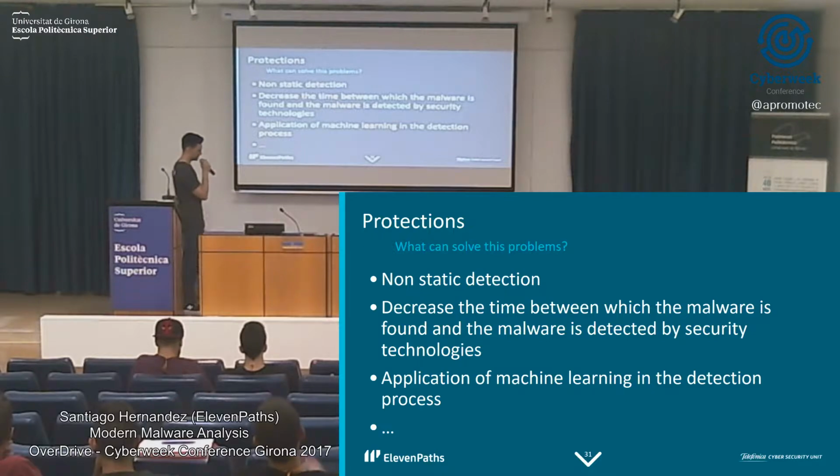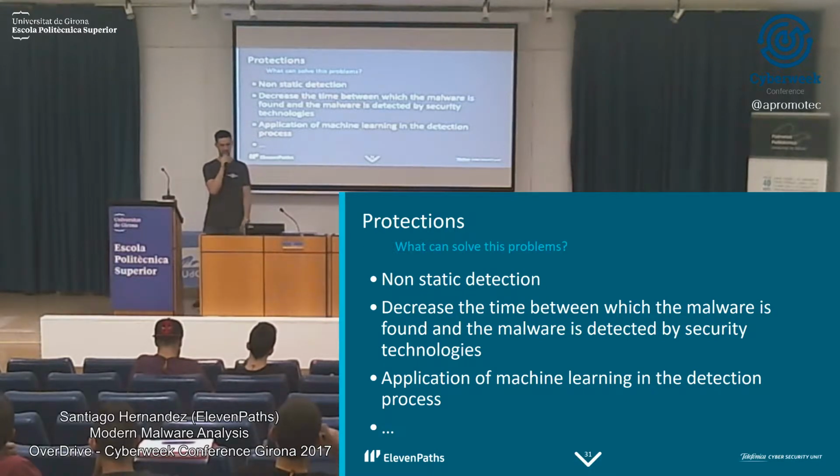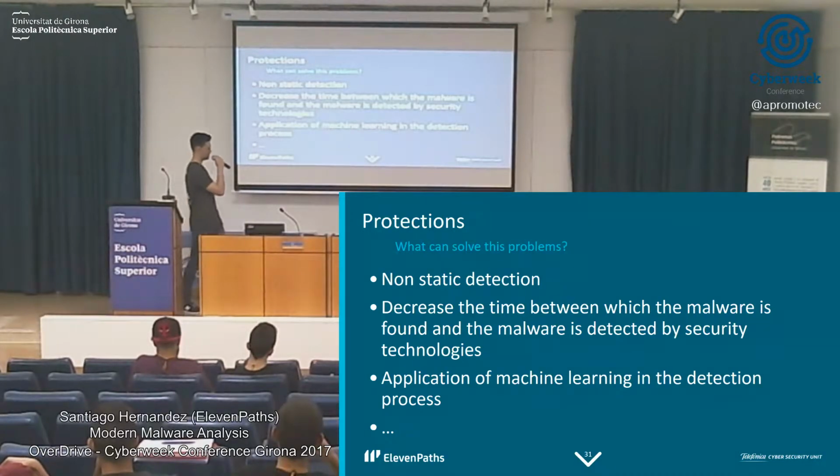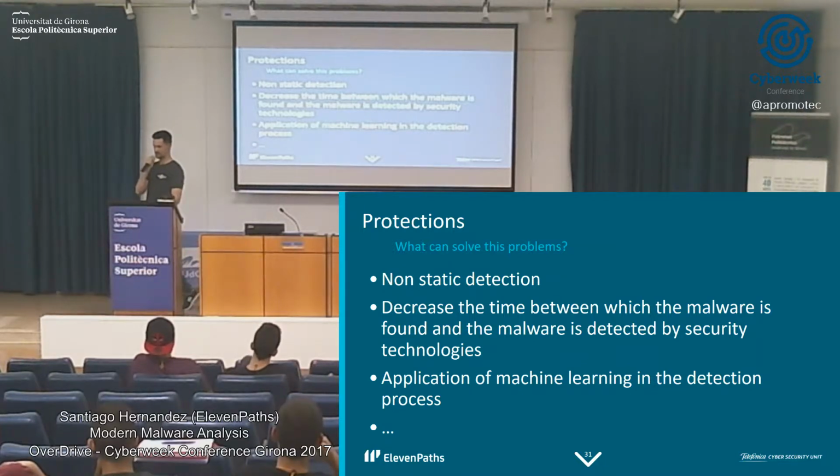And one thing that I have seen in the last 2 years is that, for example, 2 years ago, when you go to some security event, like for example Black Hat or something like that, you will not see any talk or any tool about machine learning applied to security, or very little. Last year, I saw some talks and some tools that treat machine learning in the security industry.